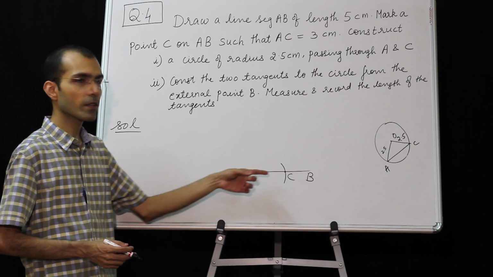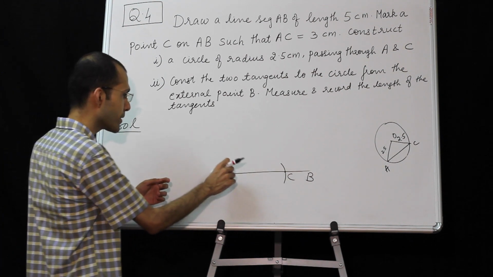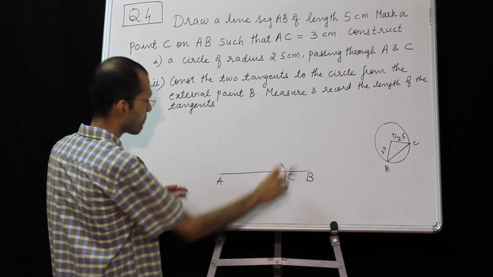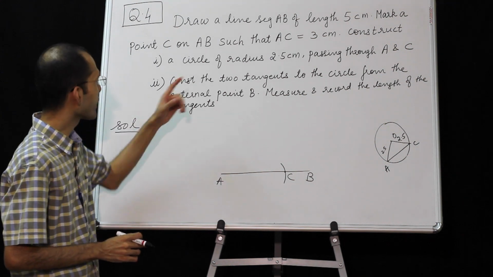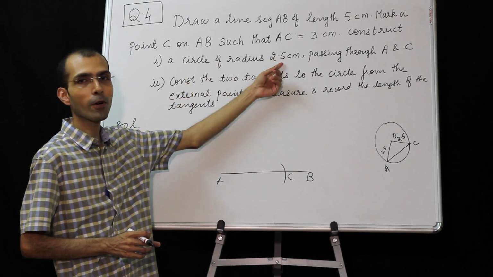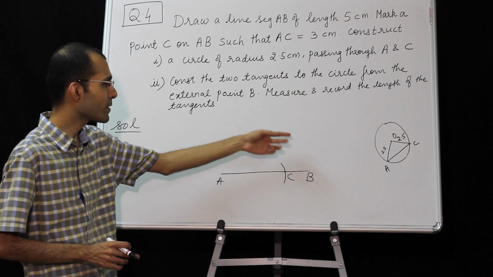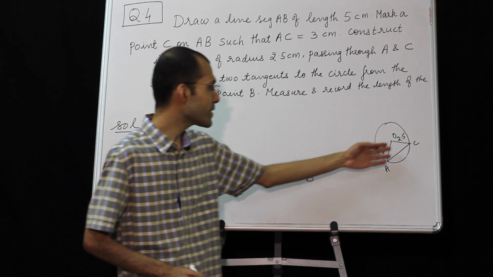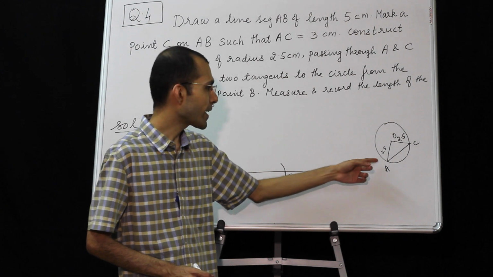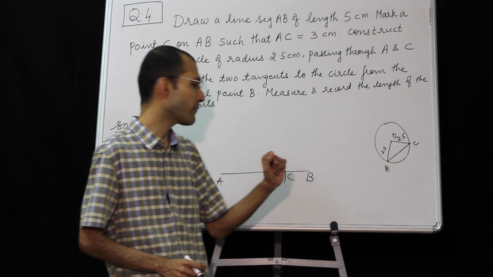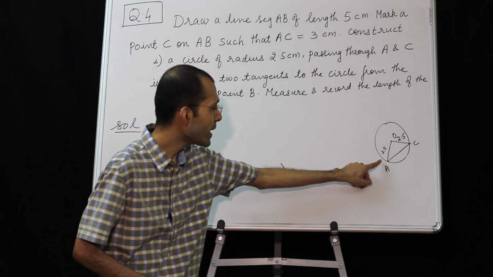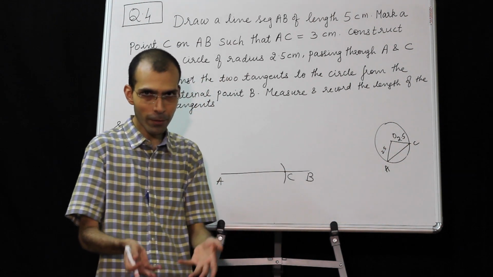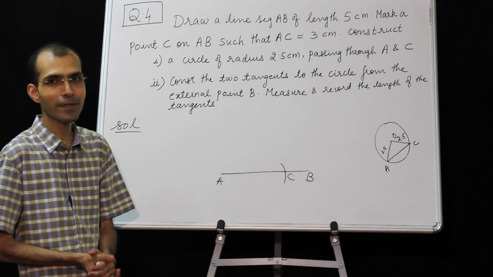Now, how do we draw a circle? We cannot randomly just take it and draw it. The radius is specified, 2.5. So this rough diagram gives us a clue. If AC is my chord and I need the radius to be 2.5, then AO and CO would be equal naturally, radii of the same circle.